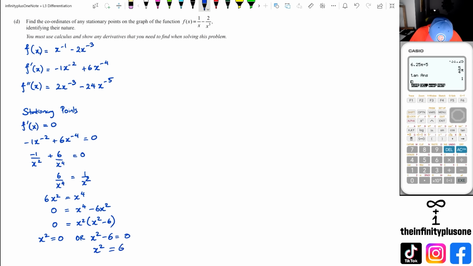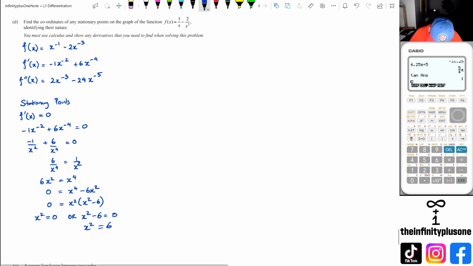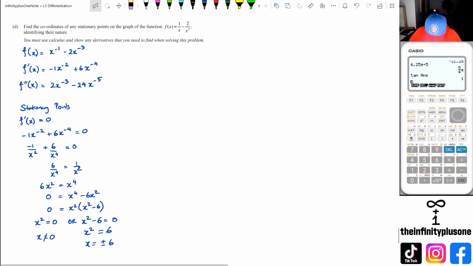X squared is equal to 6, and we are going to get x is equal to plus or minus root 6. And on this side, I've got x equals 0. However, we can't actually have x equals 0, because if you look at f of x, you're getting 1 over x, and 1 over 0 doesn't actually work. So we're going to put this as x can't equal 0.